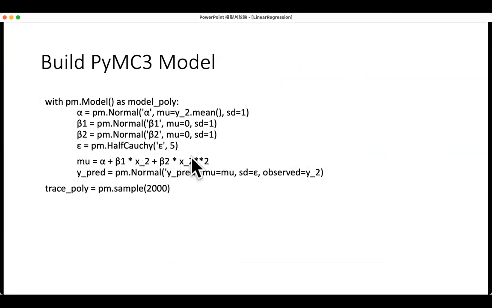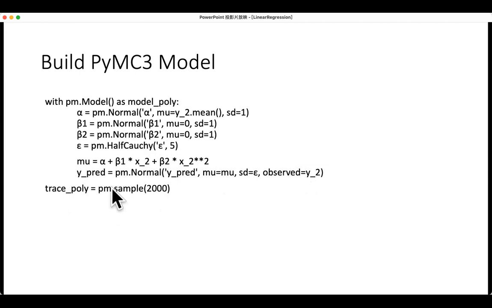So we are using the same x2, but to create two terms. It's obviously not a problem. And then we use this normal, where mu is the previous one and the standard deviation is epsilon. And we observe, fitting this with y2.